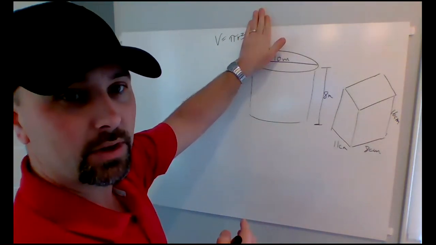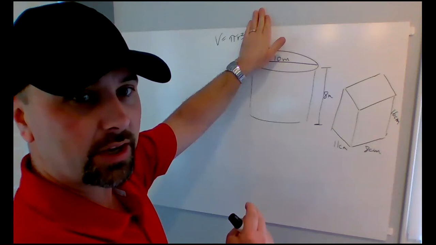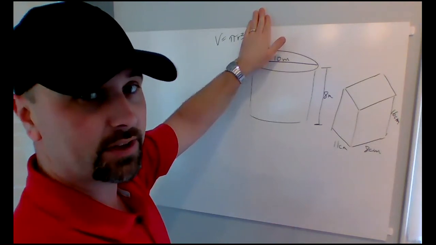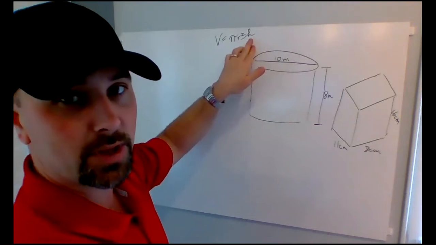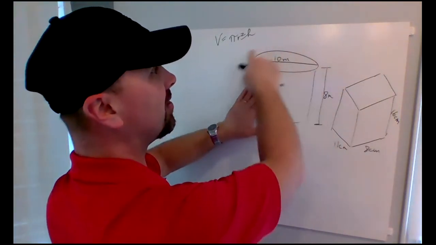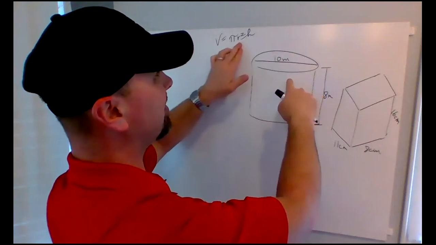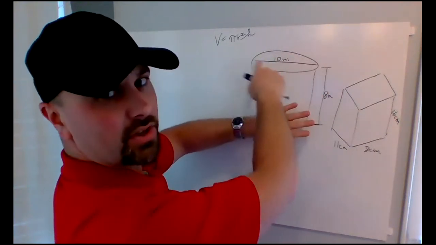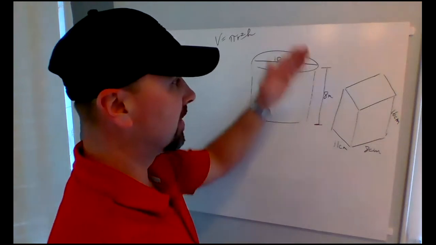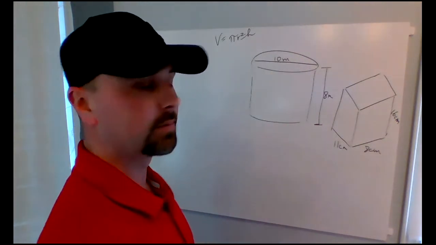So the only difference between area of a circle and volume of a cylinder is this third dimension of height. I want you to see the circle. So basically what we're doing here is finding the area of the circle at the top, and then dragging it, that third dimension, multiplying it times the height, okay?